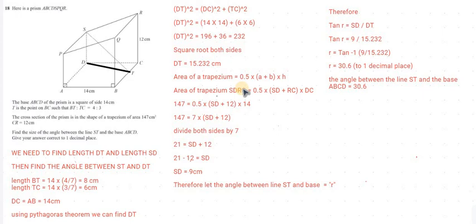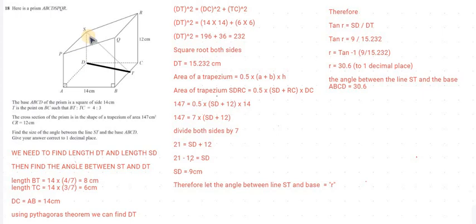Okay, so for this question, what we need to find is the length of DT and the length of SD. That angle between SD and DT is 90 degrees.